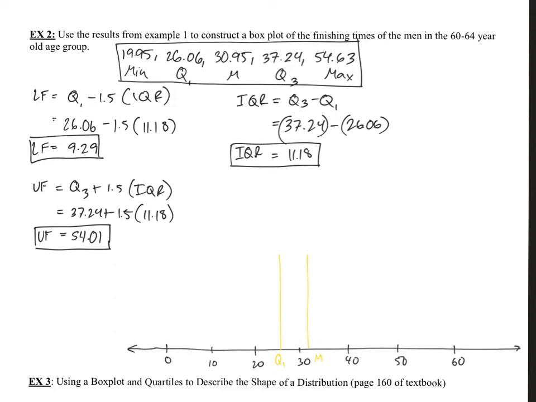Actually, maybe I'll label those at the top. And lastly, Q3, which is a little less than 40, a little more than 30. I'll plot it almost at 40. It's a rough graph. Q3.